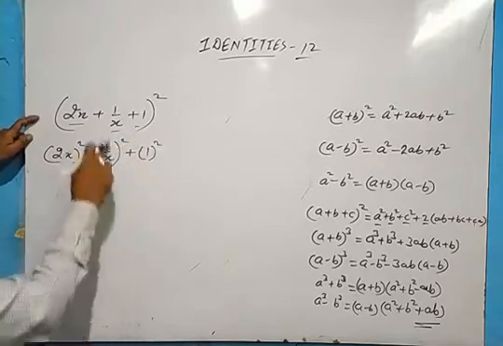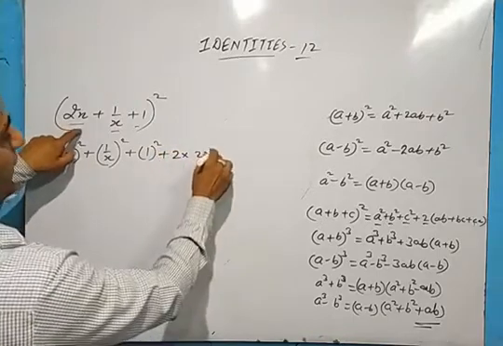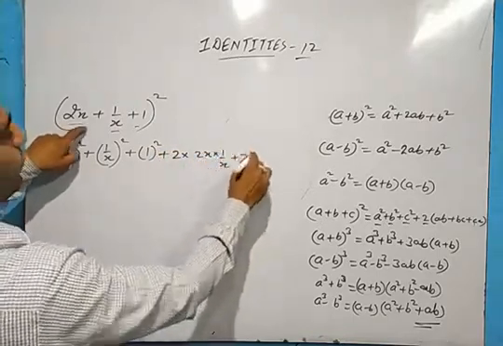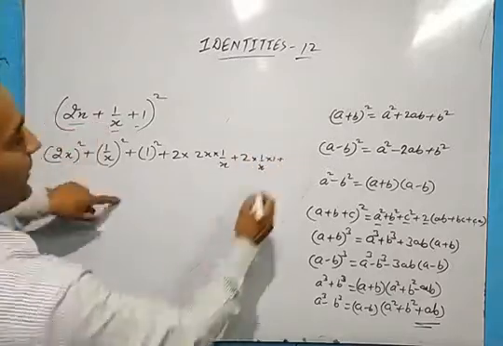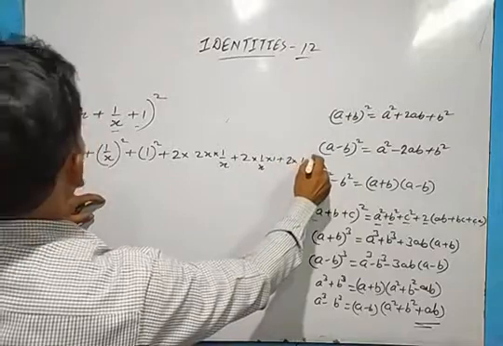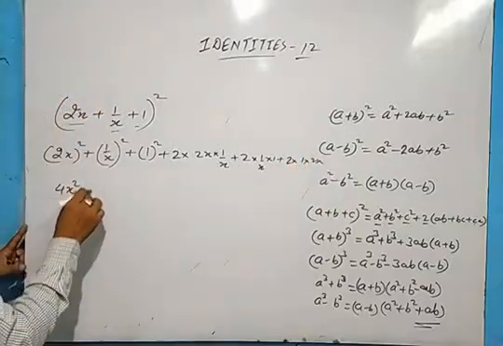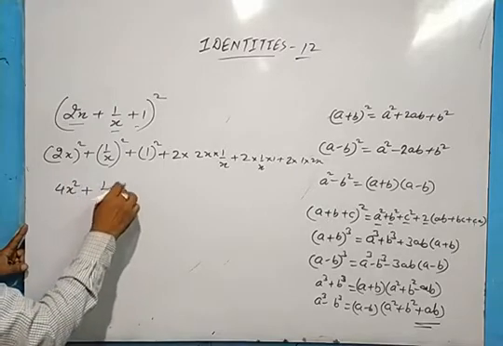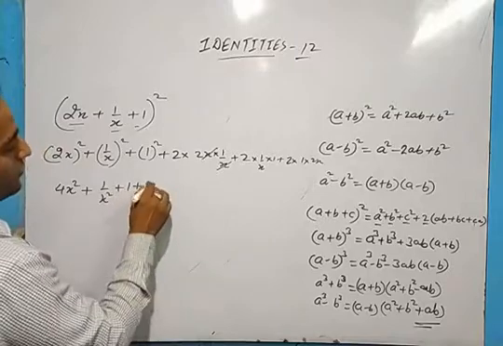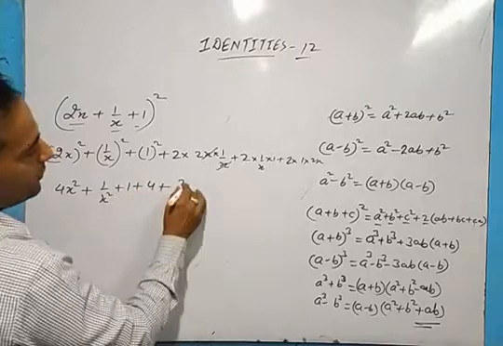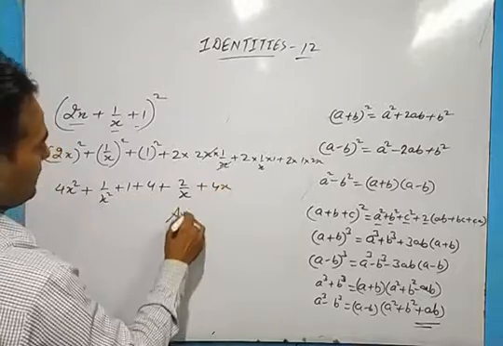A squared plus b squared plus c squared plus 2ab, a into b, 2bc, 2 into 1/x into 1, 2ca, 2 into 1 into 2x. So 4x squared plus 1/x squared plus 1, x will be cancelled by x, so 2 2s are 4, plus 2/x, 2 2s are 4x. So this will be the answer.